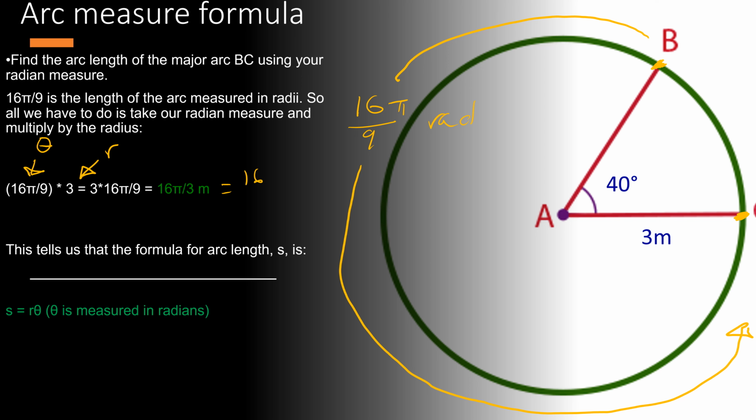So 16 pi over 3 meters is the actual measurement. If I take 16 pi on my calculator divided by 3, it would be roughly 16.7552 meters, because my units are in meters.